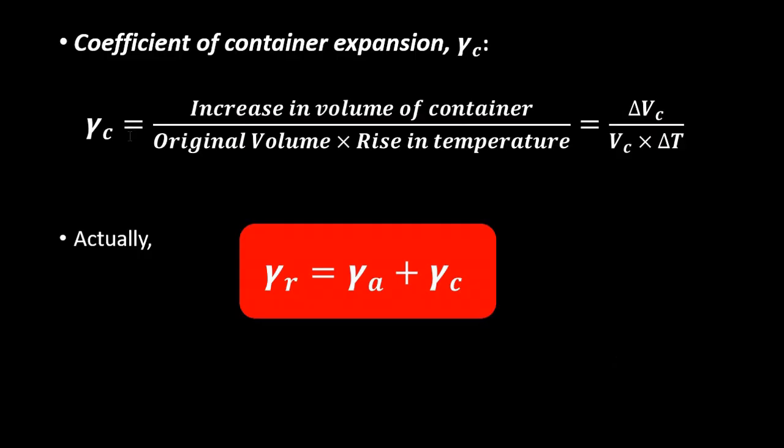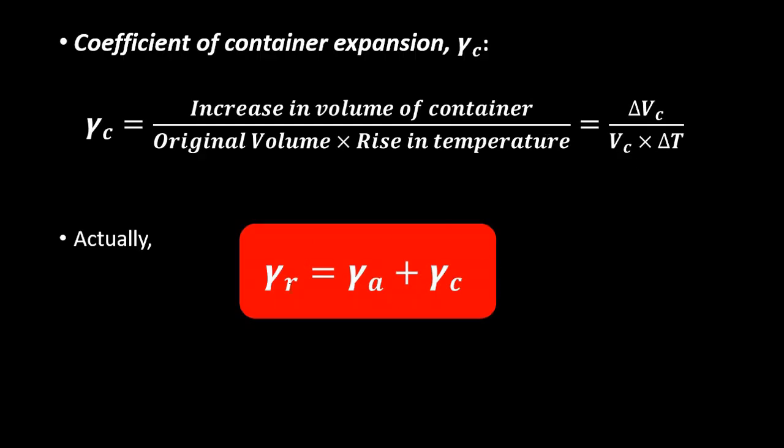Now here the coefficient of container expansion, that is another important criteria, because the container is also undergoing thermal expansion. So here the coefficient of container expansion gamma c is equal to increase in volume of the container delta Vc by original volume of the container into change in temperature.